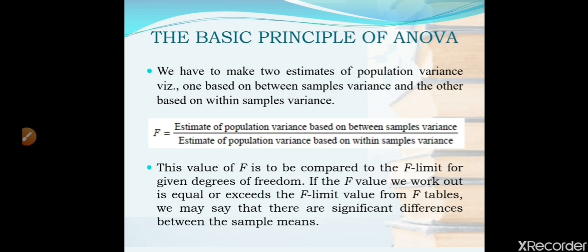Basic principle of ANOVA. The basic principle of ANOVA is to test for differences among the means of the populations by examining the amount of variation within each of these samples relative to the amount of variation between the different samples.